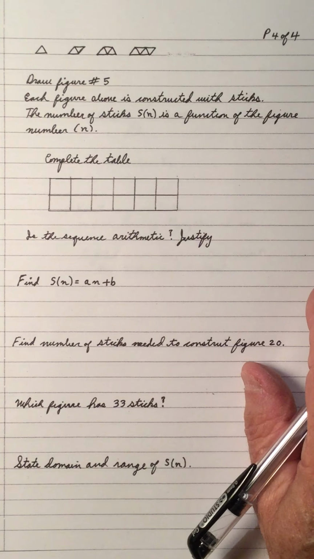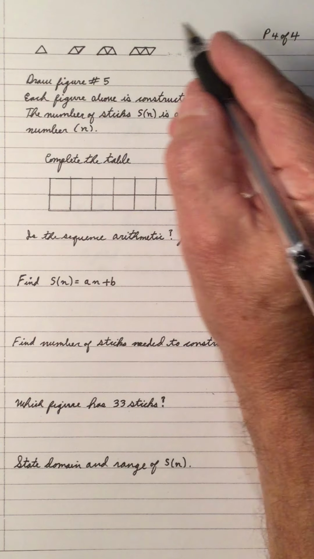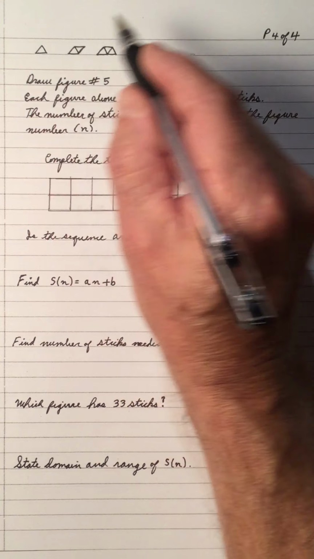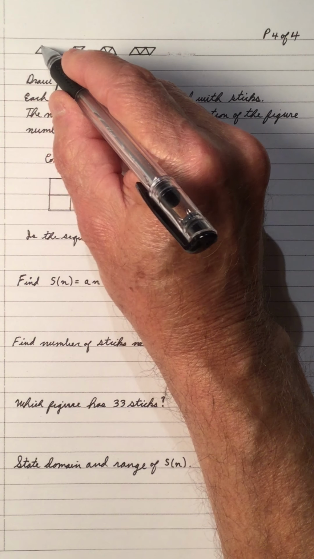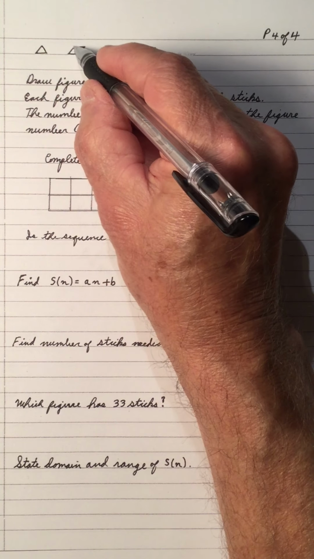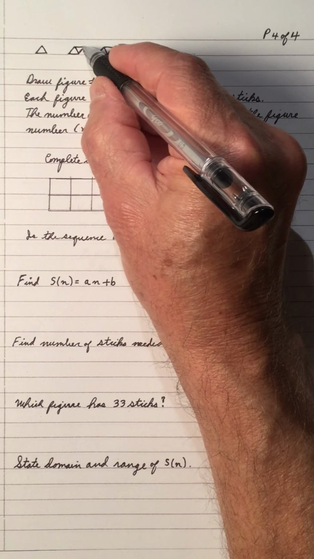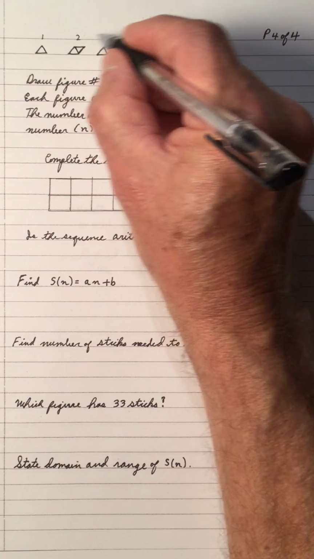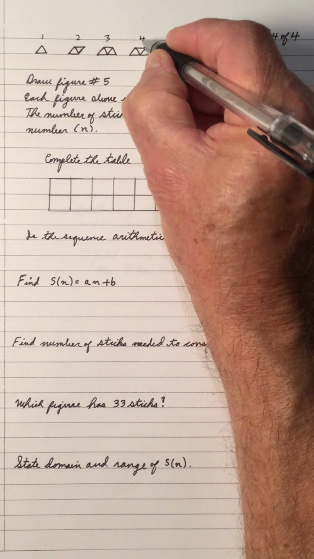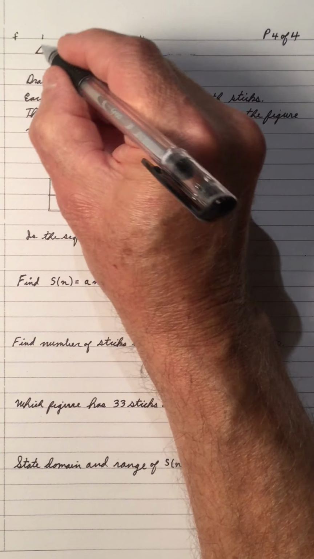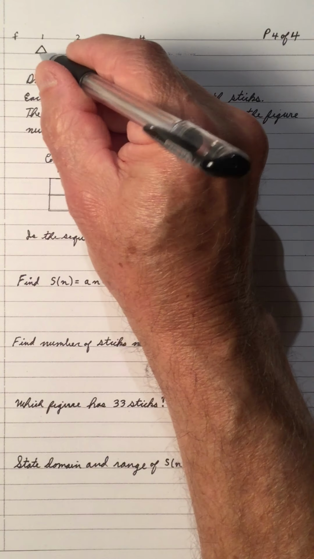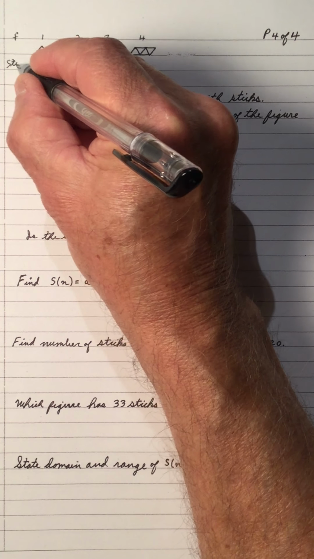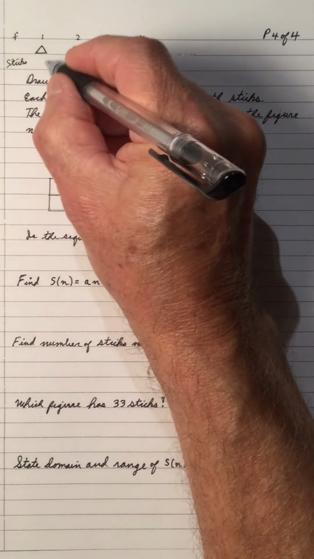Now we have a little different one here. I just wanted to have a look at this. We have a chart, a figure made up of 3 segments. This is the first figure, second figure, third figure, and that's the fourth figure. If we say F for figure, the number of sticks, or segments, doesn't make any difference.